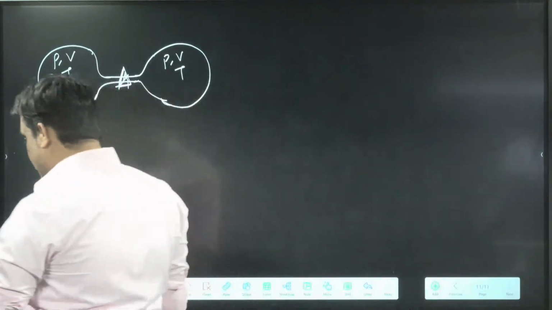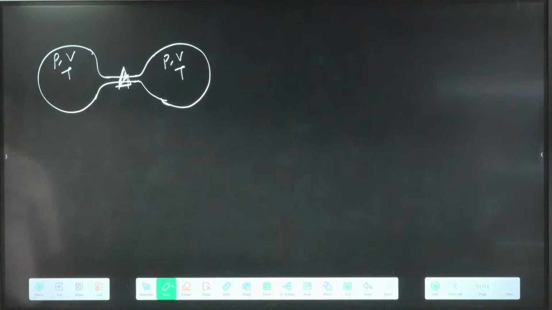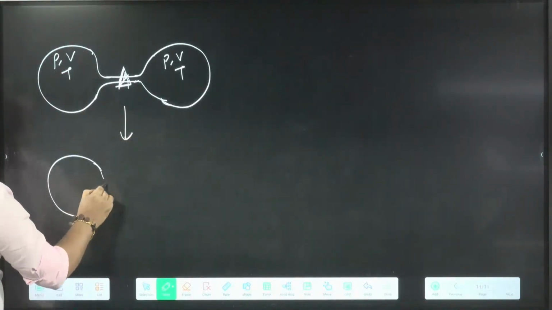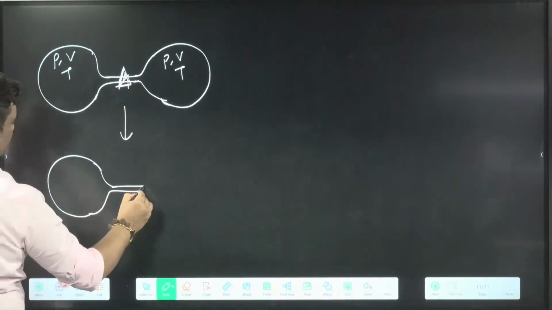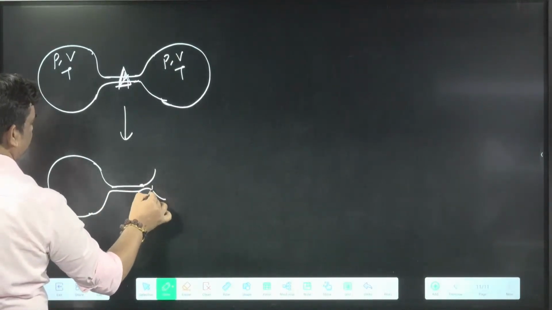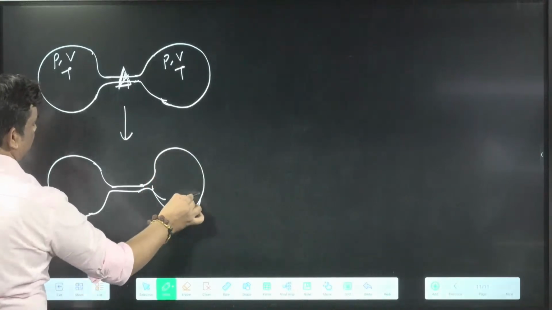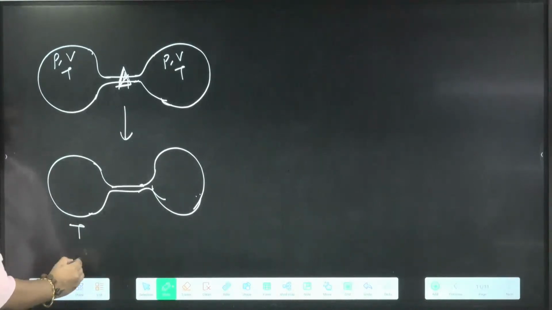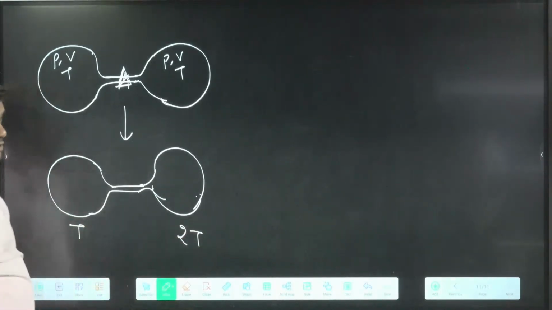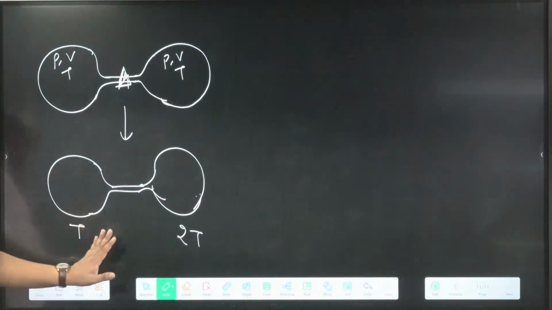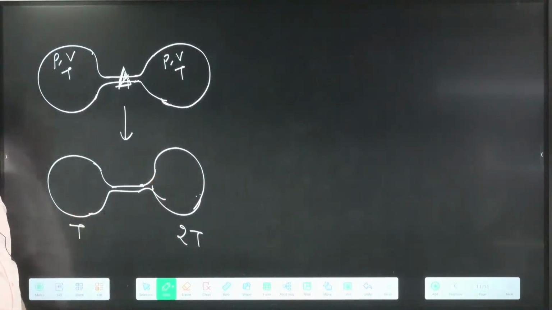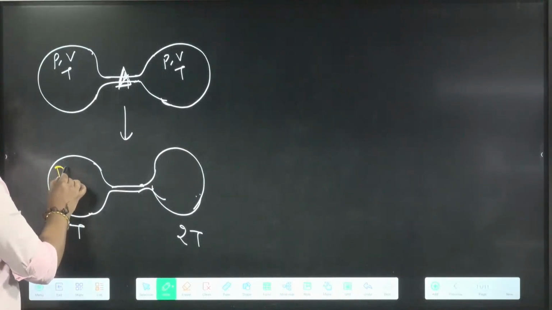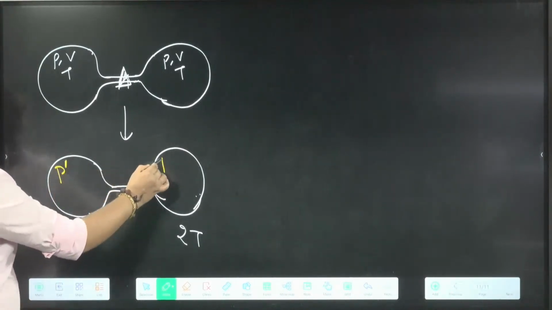So, two identical bulbs (in brackets, PVT) are joined together. If the first bulb is kept at temperature T and the other at temperature 2T, find the final pressure in the bulb.